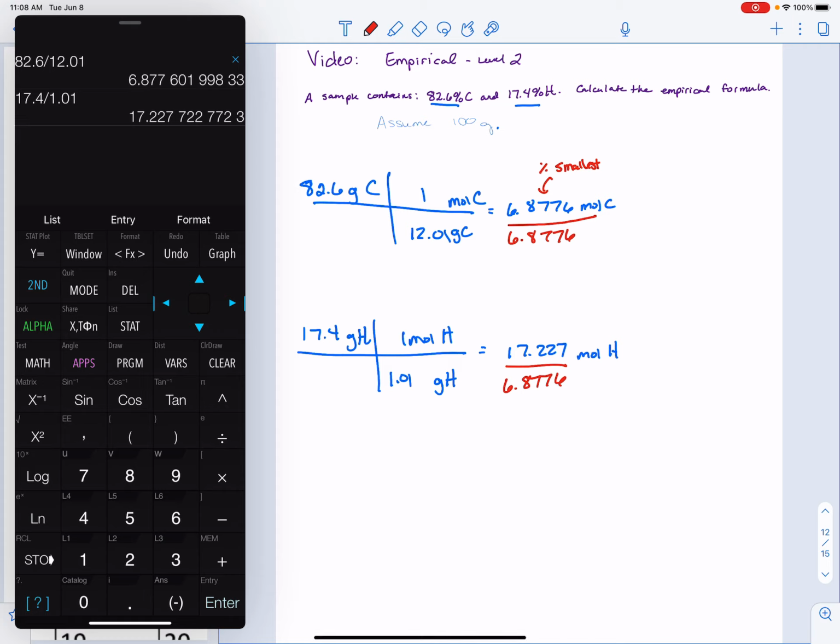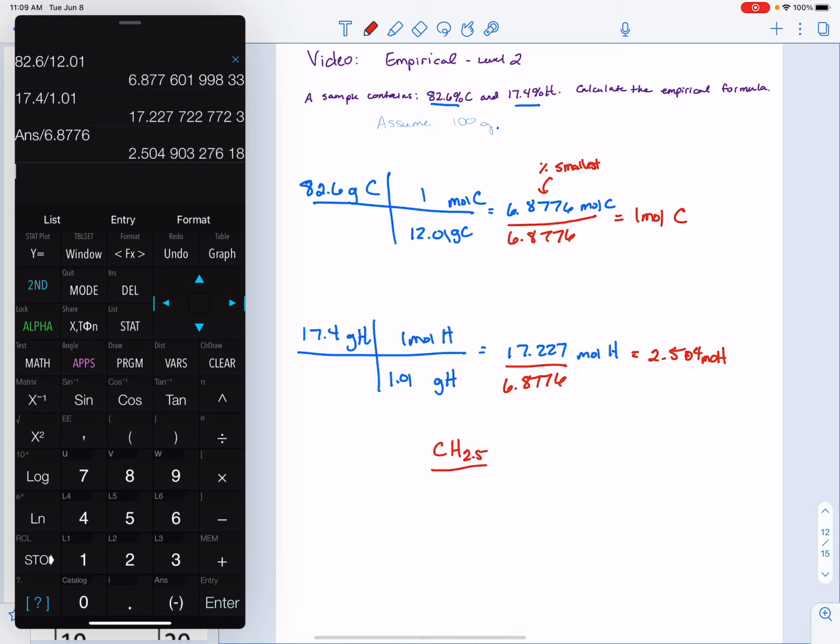6.8776. And I don't even have to put this in the calculator. I know that comes out to be 1 mole of carbon. This one is already in the calculator, so I'm just using that number and just doing divided by 6.8776. And that gives me 2.5, and I can do the 0.4 if you want me to, moles of H. So the problem with this is that, yeah, it comes out to be C, and there's an understood 1 there, H 2.5.